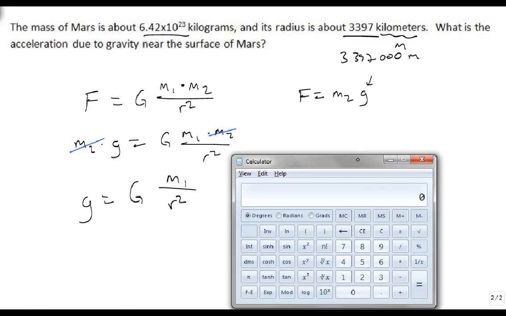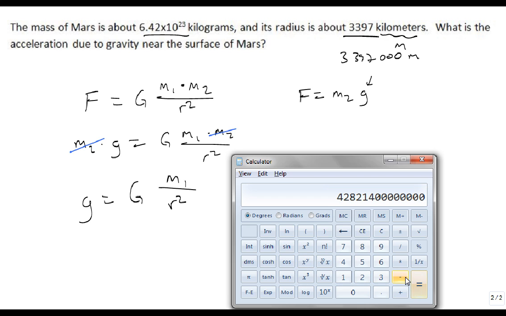The gravitational constant is 6.67 times 10 to the negative 11. We're going to multiply that by 6.42 times 10 raised to the 23rd.